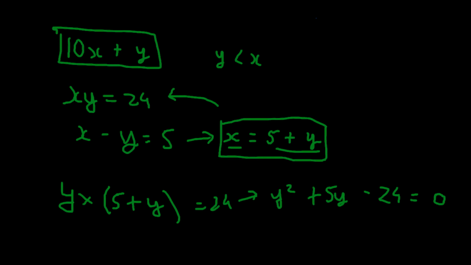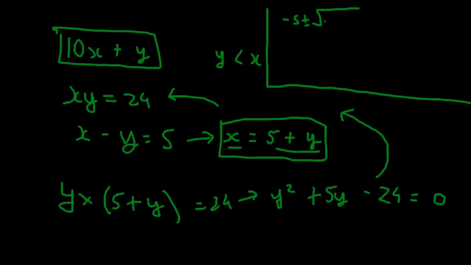So I'm going to use the formula here, because honestly on first look I can't tell how it should be split. So minus b, which is 5, minus 5 plus minus root of b squared, which is 25.